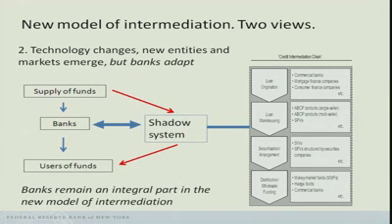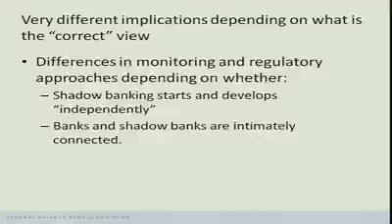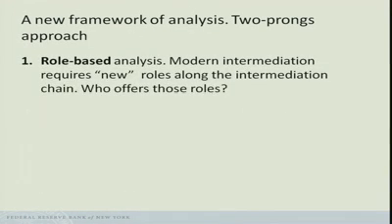This is very important to understand how the system has changed, but we thought it was actually important to focus on who are the entities providing the intermediation services at each and every step of the chain in order to allow for the securitization-based intermediation to take place.